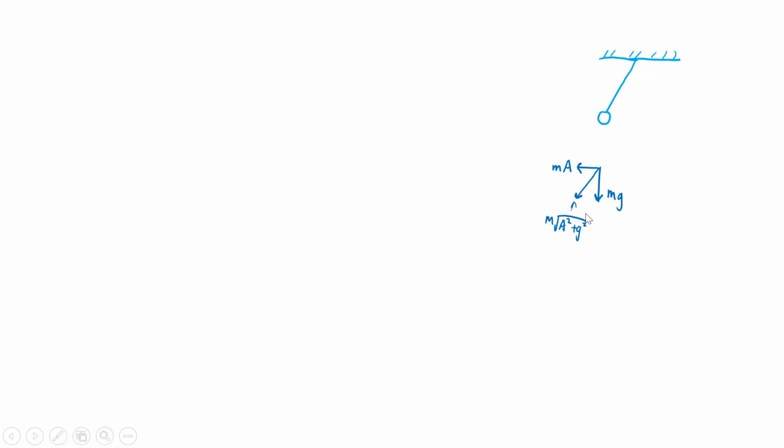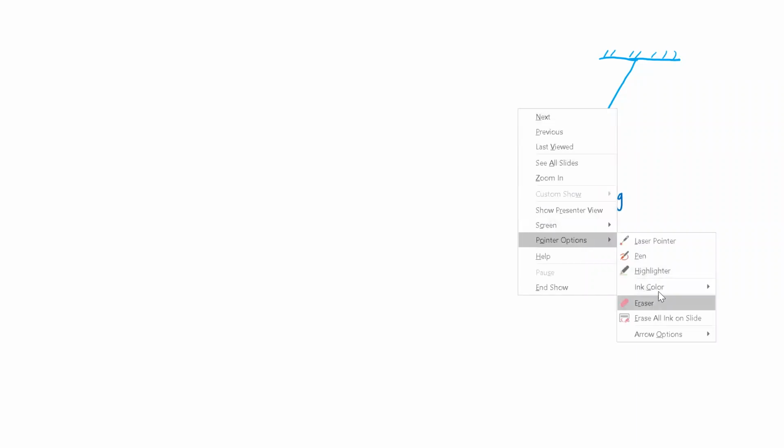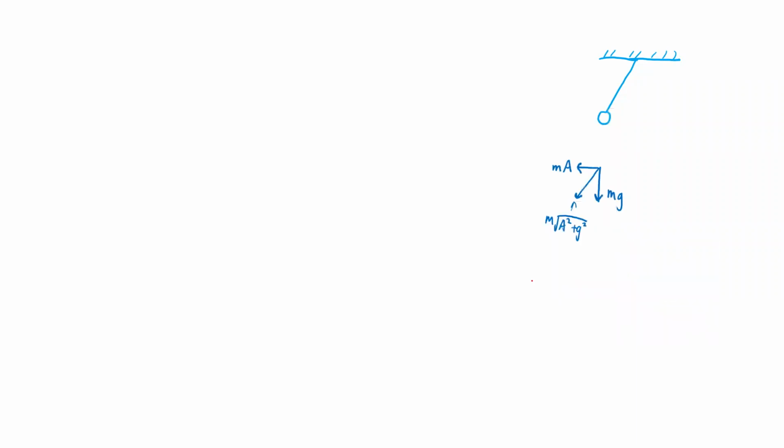If you have just a regular setup with the mg pointing down, then the equilibrium position would just be vertical. Now in this case, you expect that the equilibrium position would be something like this. It's not vertical anymore, so it would be along this direction here.